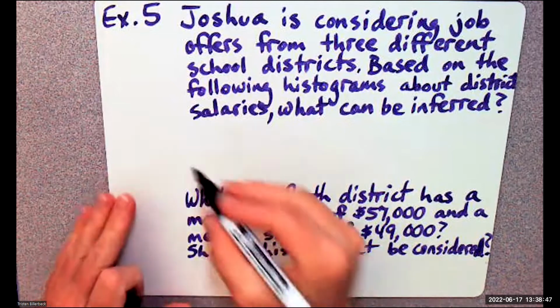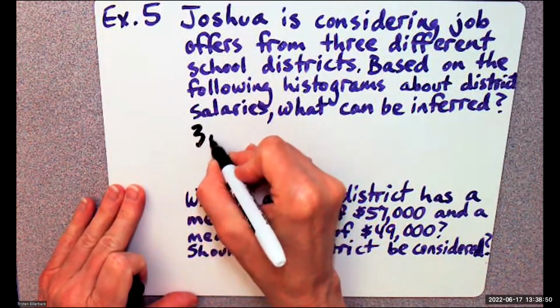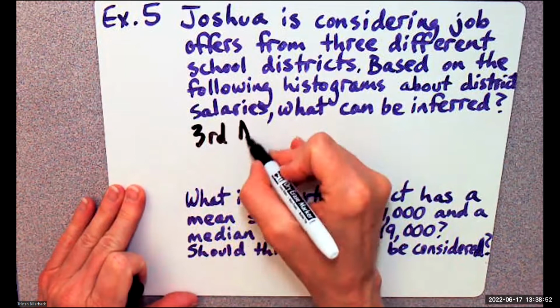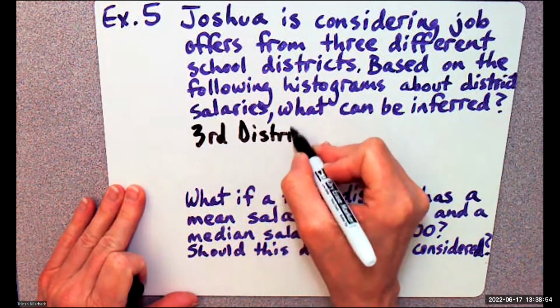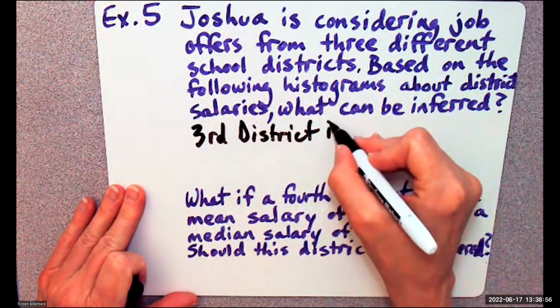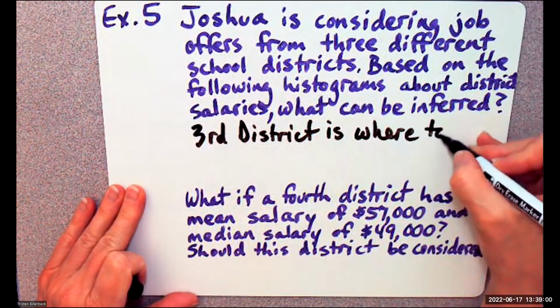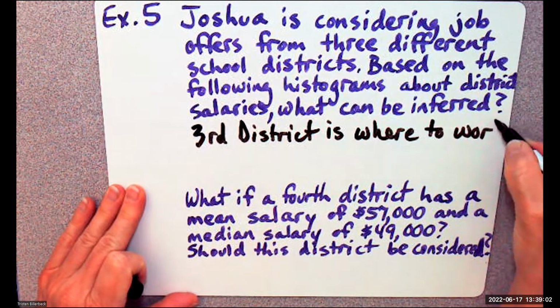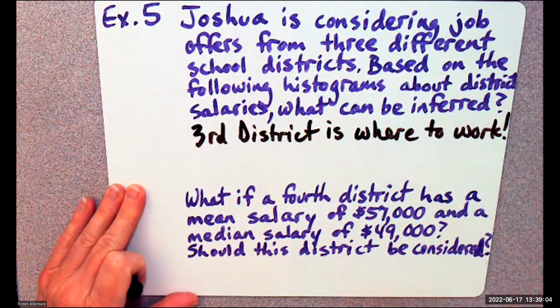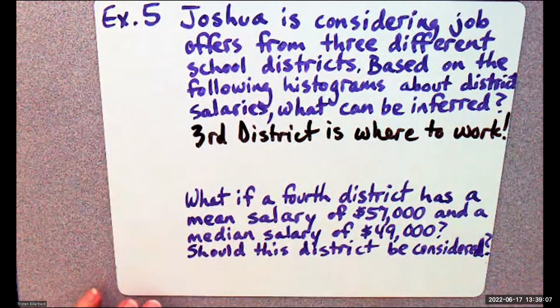So we can say the third district is where to work. It looks like people like working there, they stay working there, so it's skewed to the left.